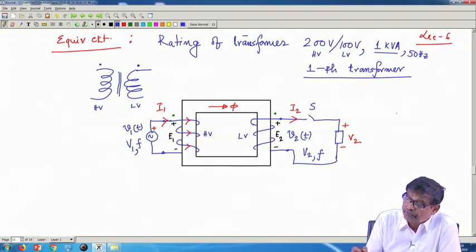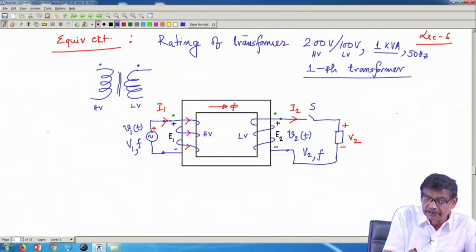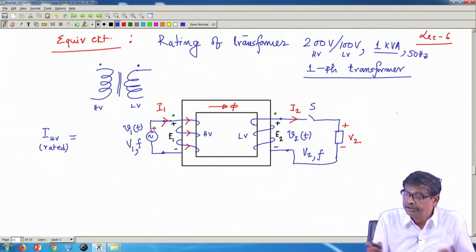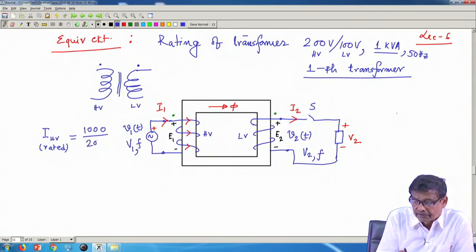Now, from this I can calculate the rated current of the HV side, I HV rated. It will be the kVA, 1000 volt ampere, divided by 200, which becomes 5 ampere.